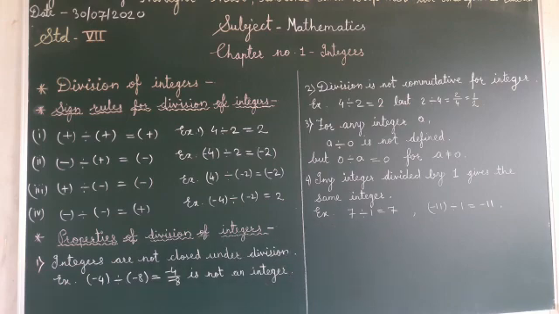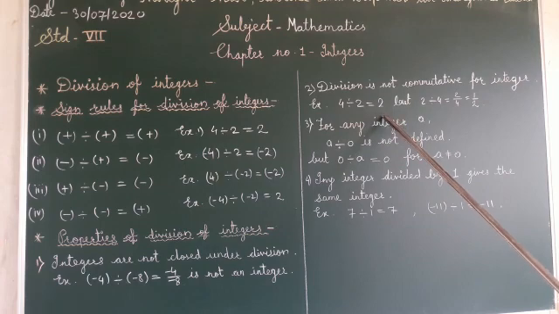The next property is, division is not commutative for integers. Commutative property means changing the order of numbers. 4 divided by 2, you get the answer 2.